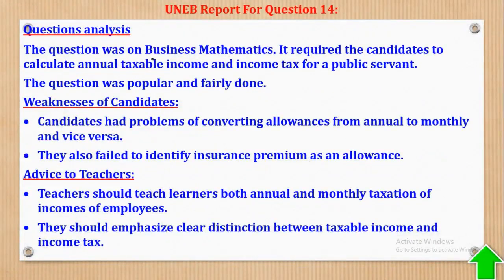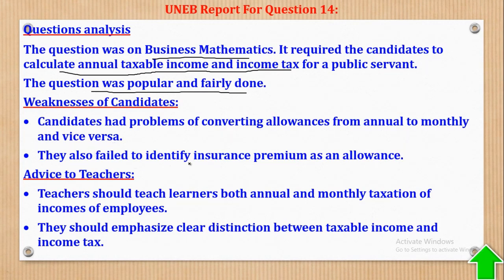So the question was on business mathematics, and it required the candidates to calculate annual taxable income, know that word, annual taxable income, and income tax for a public servant. The question was popular and fairly done. So weaknesses were that candidates had problems converting allowances from annual to monthly and vice versa.